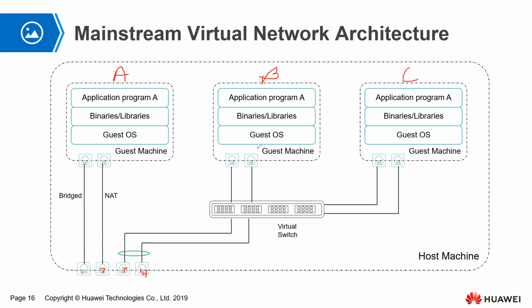But one thing we should also take note of is that we actually have 2 virtual NICs on these guest machines. We also see some kind of switch here, which we are calling our virtual switch, which is inside our host machine.